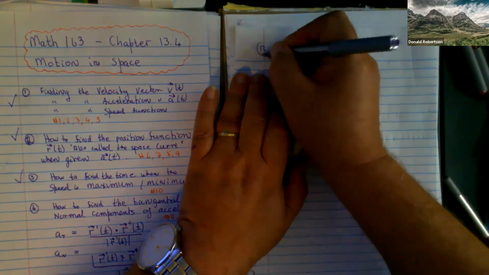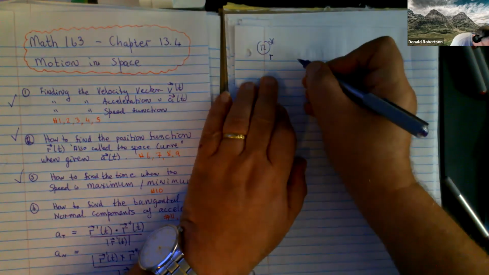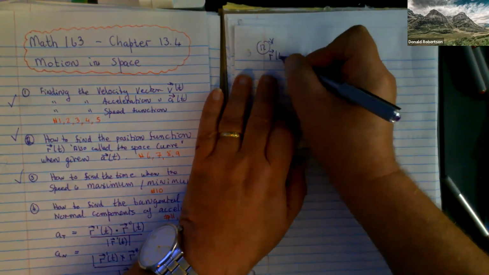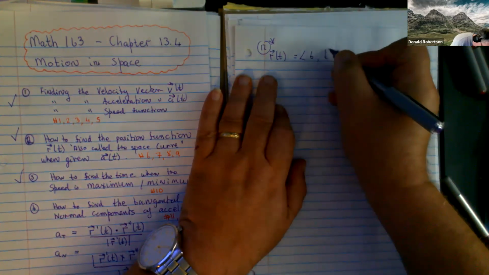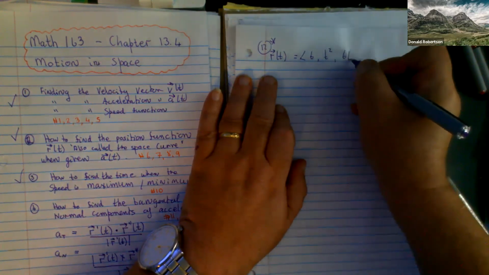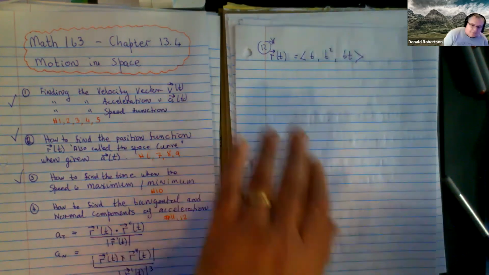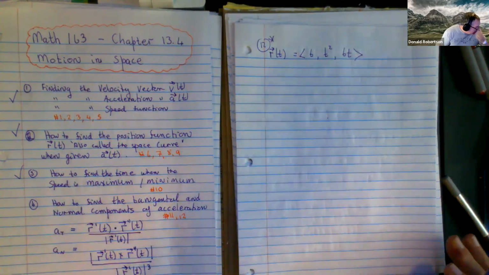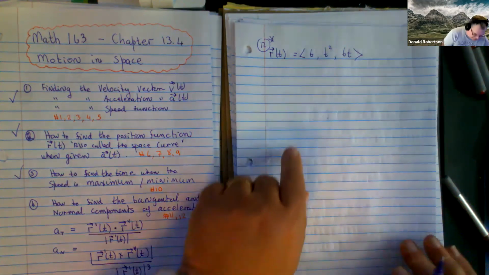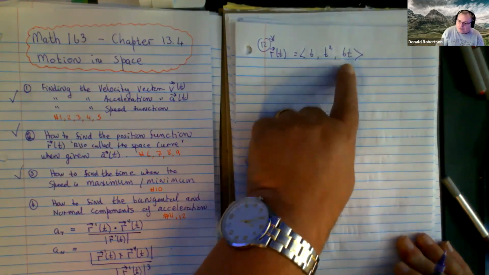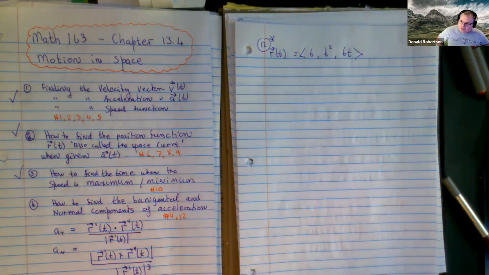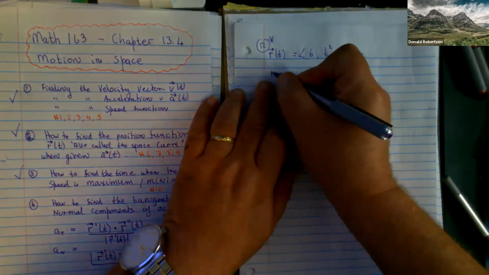This is a version of the last question. It's a t squared, and a 6t. I think this one's going to come out a little bit cleaner, because it looks like these are quite nice polynomials, so they should differentiate relatively nicely.